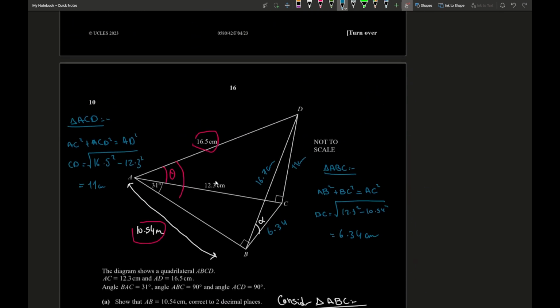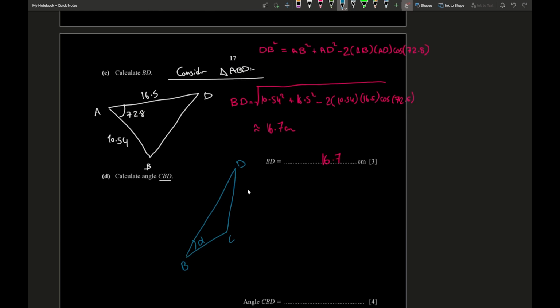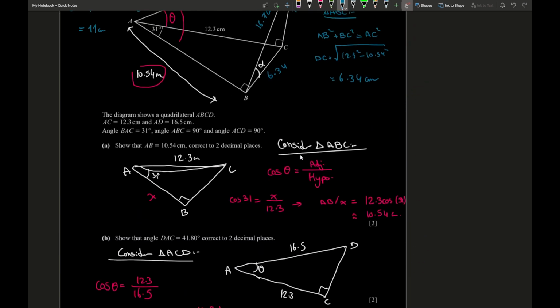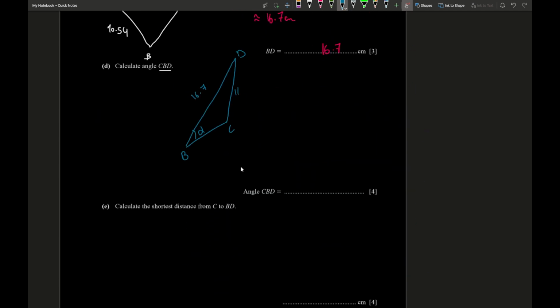BD was 16.7, and this is 11, and BC is 6.34. Okay.